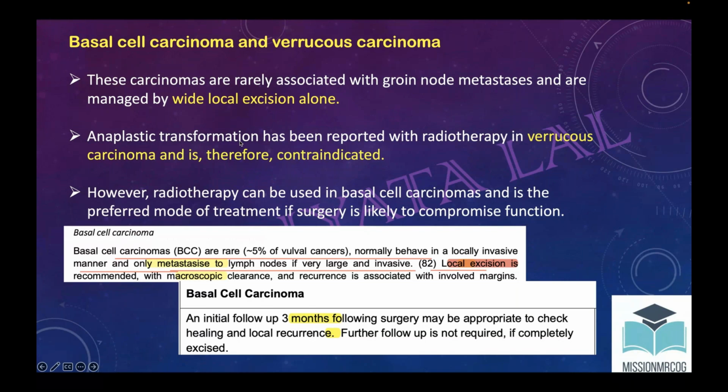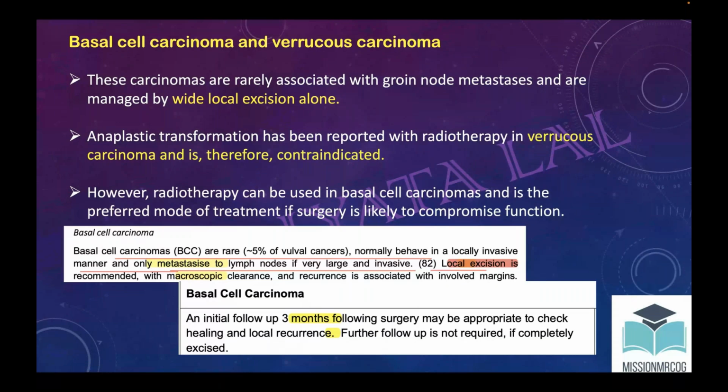So radiotherapy is contraindicated. You should know this, as it can come in a question. But radiotherapy can be used for basal cell carcinoma if surgery is going to compromise function or something like that. For basal cell carcinoma, initial follow-up will be for 3 months for healing and local recurrence. A very long follow-up is not required if the excision is complete.